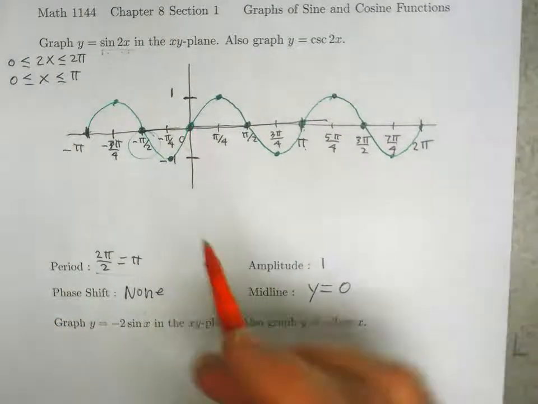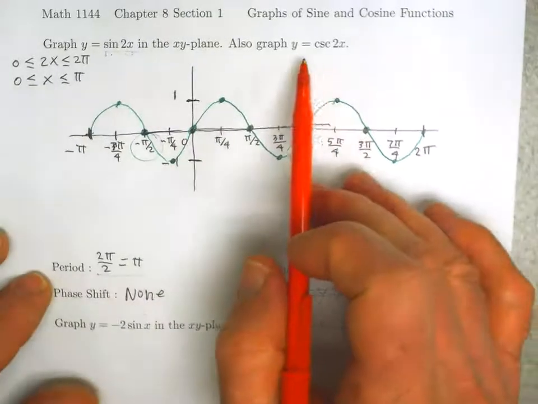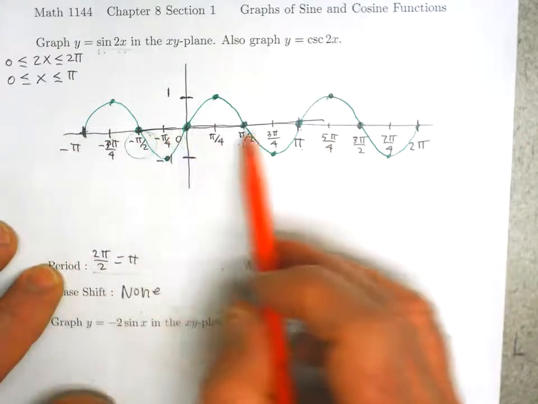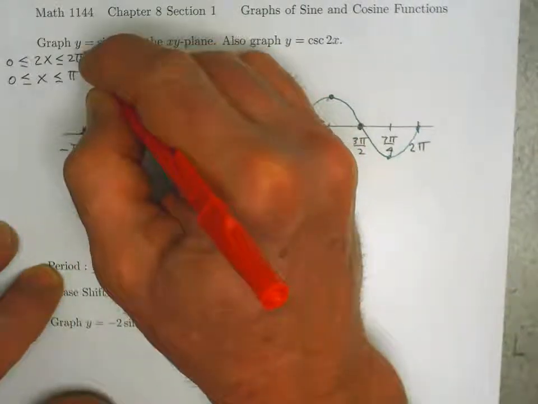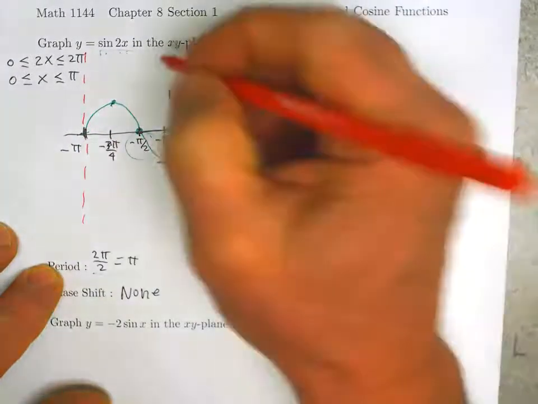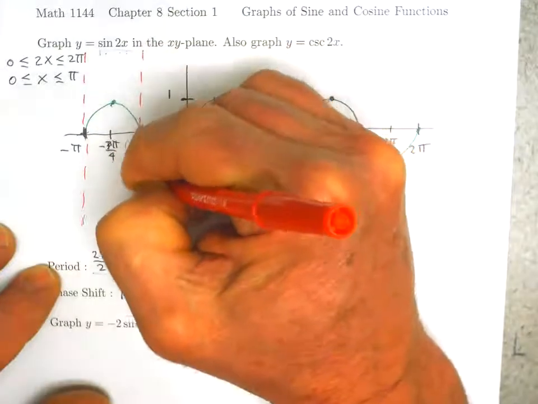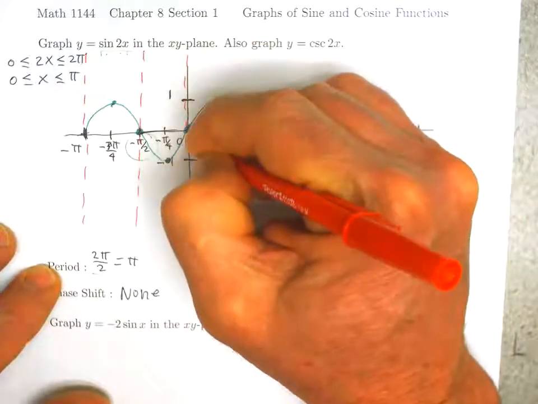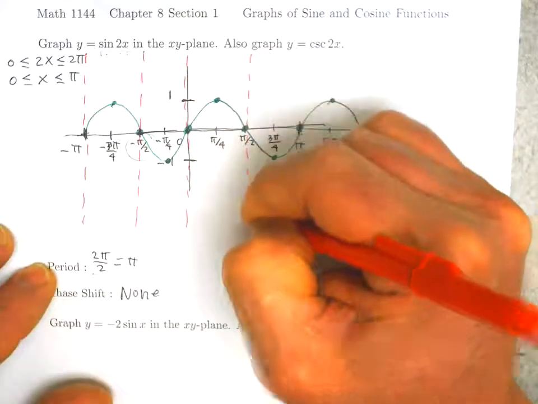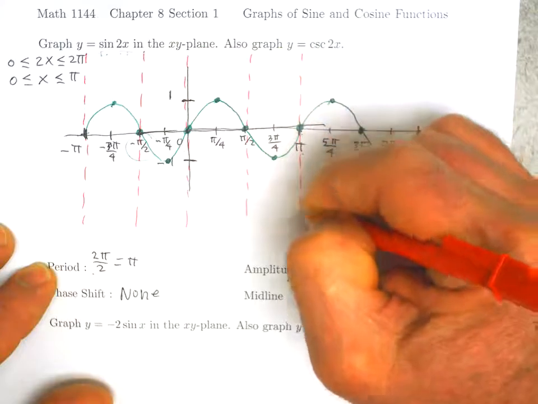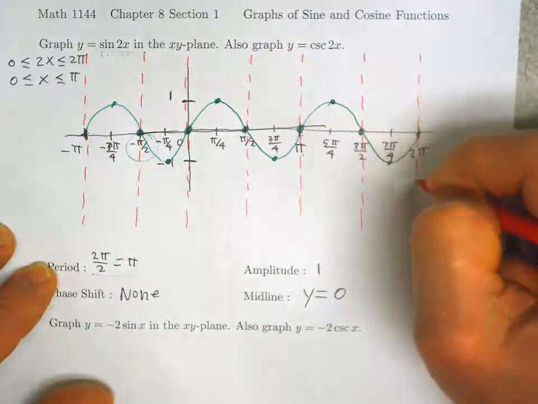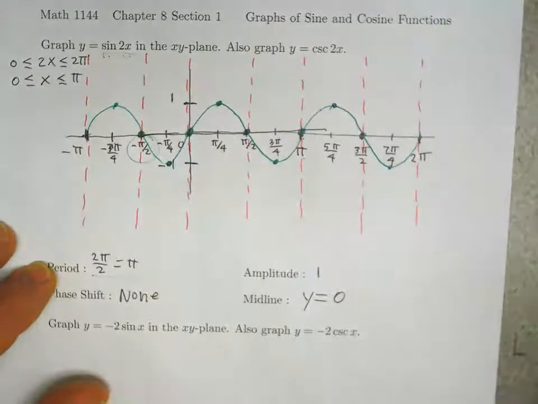Okay, we're going to sketch a graph of the reciprocal function, y equals cosecant of 2x. So wherever sine of 2x is 0, the reciprocal function, y equals cosecant of 2x, has vertical asymptotes. So I'll sketch in the vertical asymptotes where y equals sine of 2x equals 0. And then we'll sketch the reciprocal function on each of those intervals.